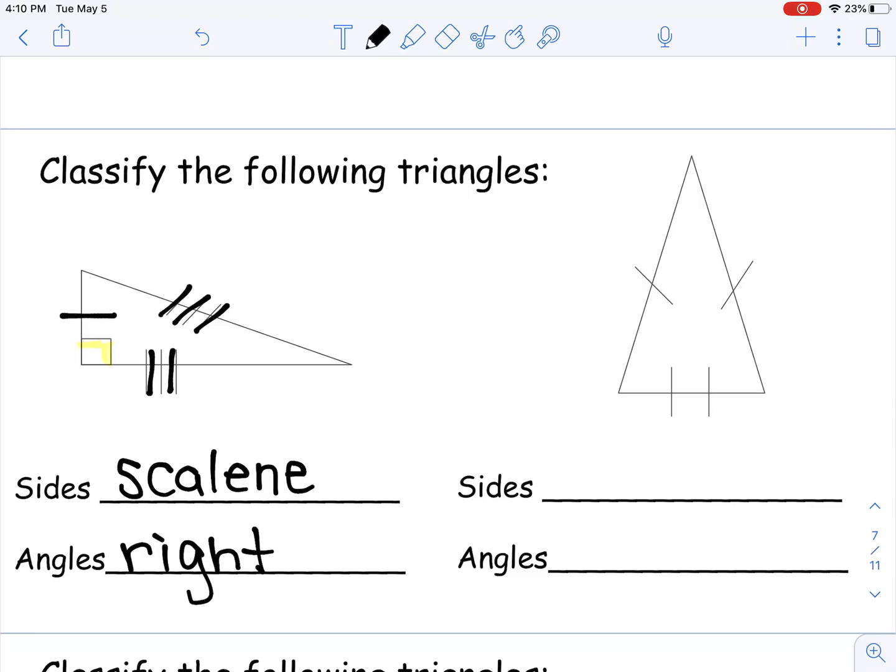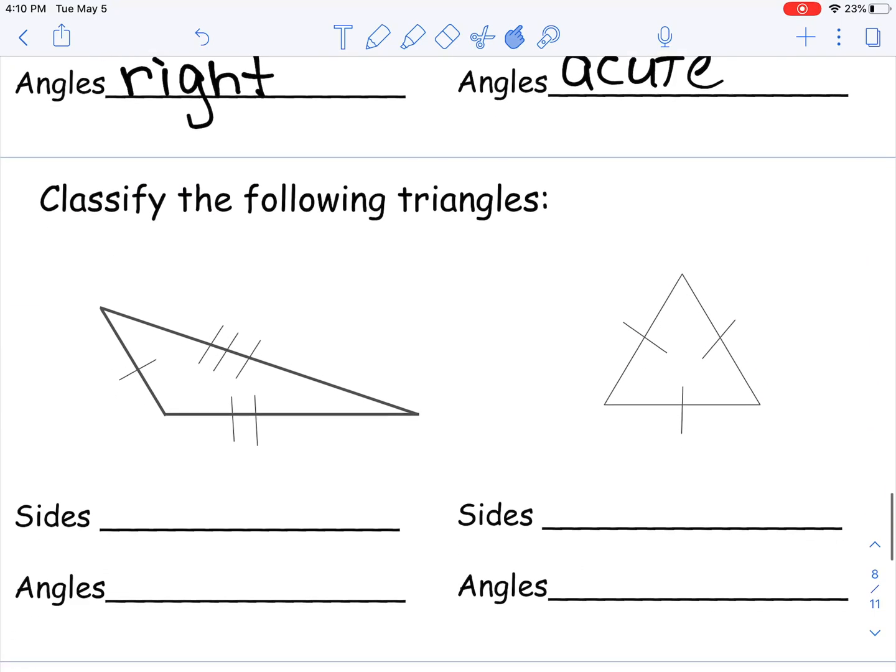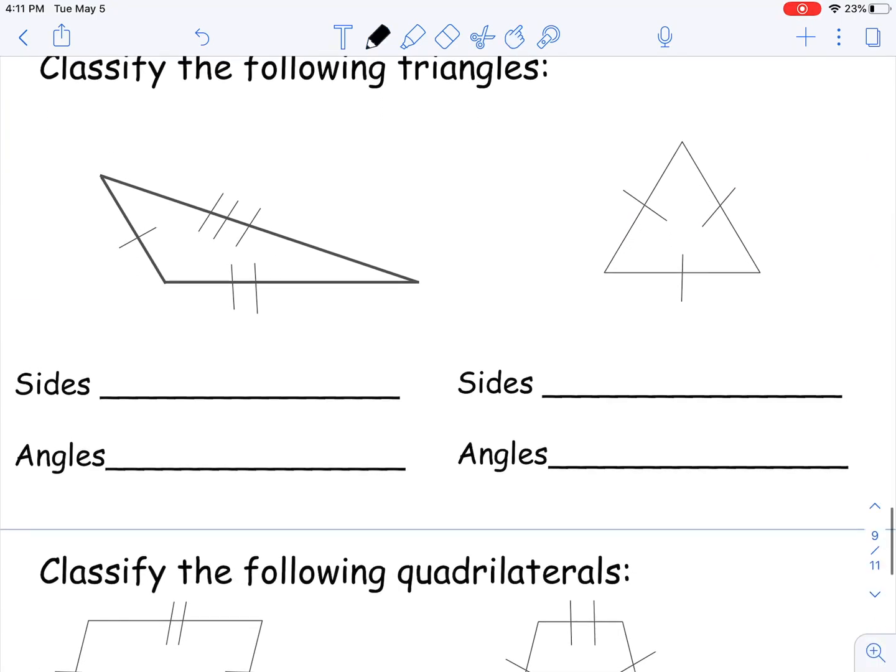Looking over here at our next one, I notice the congruency marks, 2 of them are the same right here. And I know I have 2 eyes, so he's an isosceles. And if I look at the angles, acute, acute, acute, so he is also an acute triangle. We'll do 2 more.